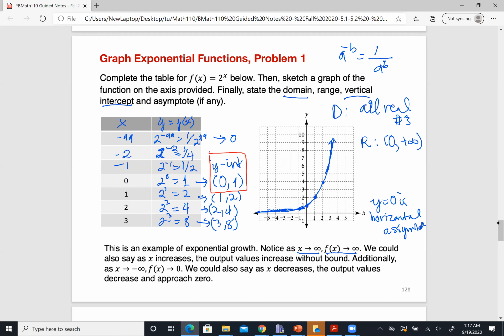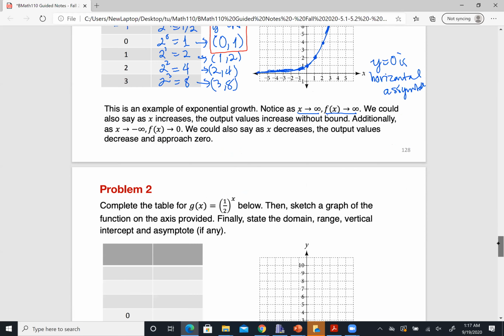Additionally, as x goes to negative infinity, f(x) will go to 0. So we could also say that as x decreases, the output values decrease and approach 0.